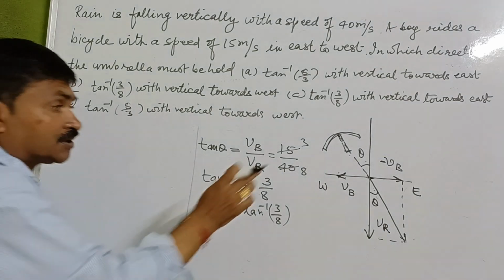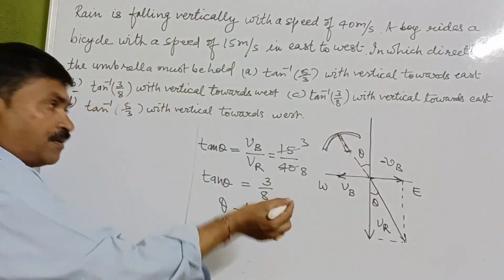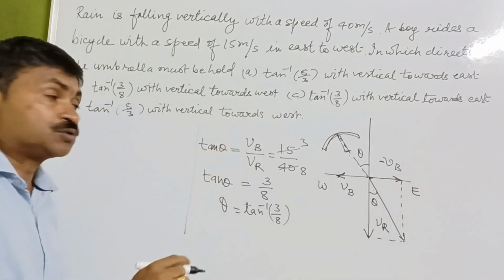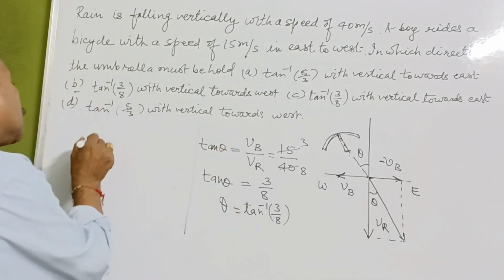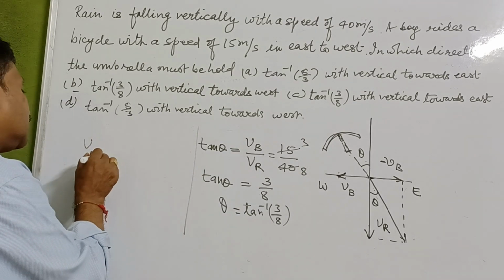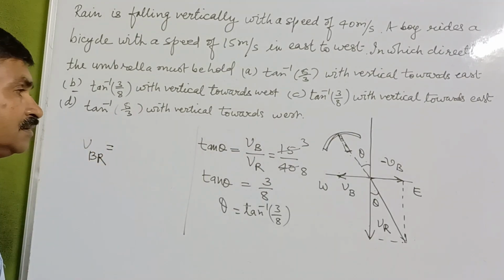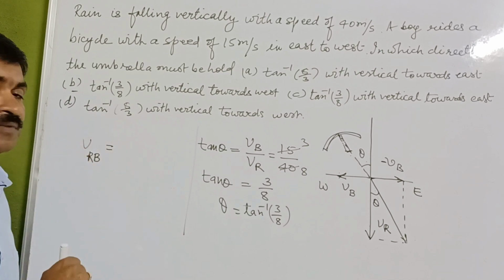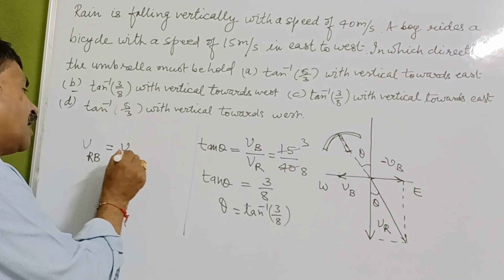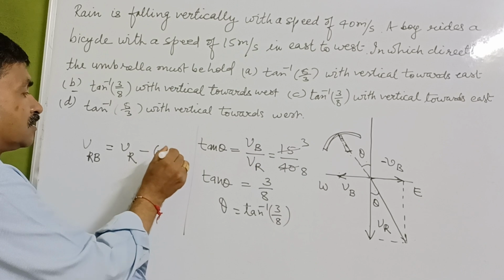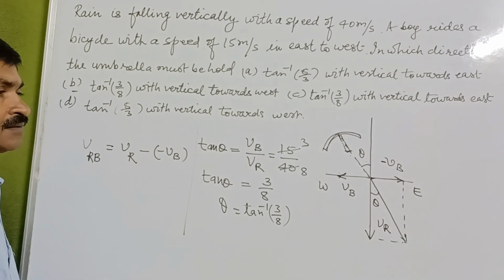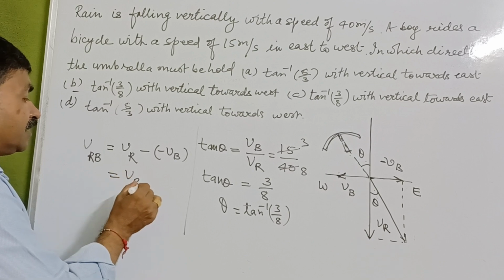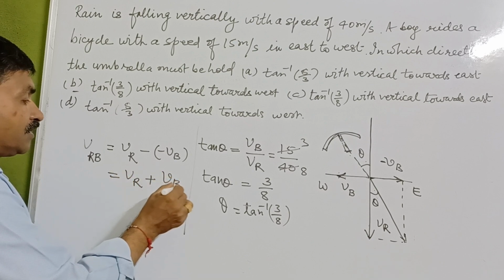Now, the relative velocity is not asked in this question, but if we go through it, the relative velocity of rain with respect to the boy is Vr minus Vb. So finally we will have the velocity of rain and the velocity of boy.